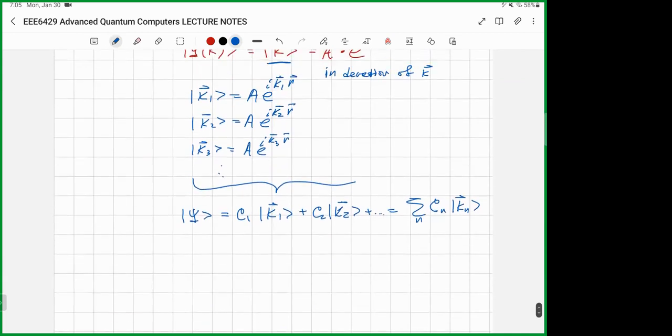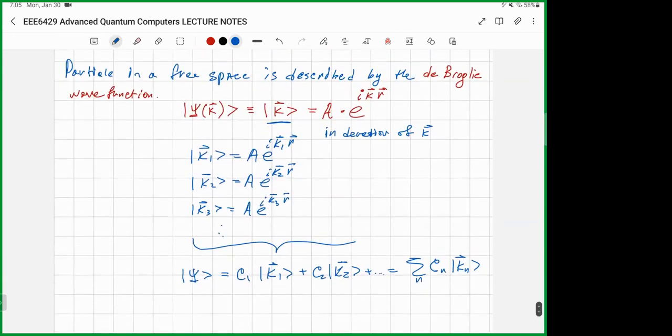So the de Broglie wave function itself can be imagined as a plane wave that goes through free space, etc. And this is just a way to think about this quantum particle. But the point is that this is just one term in this superposition.